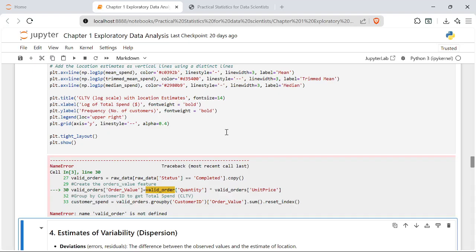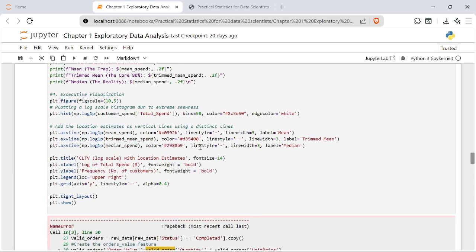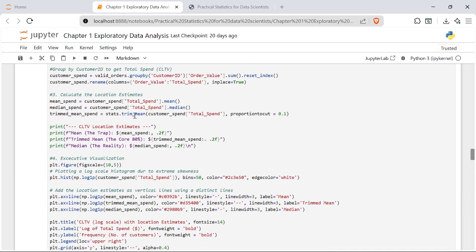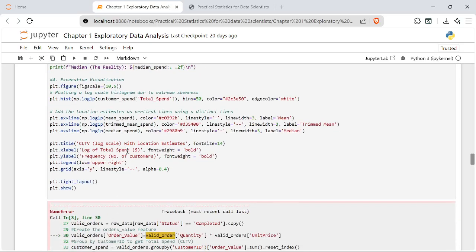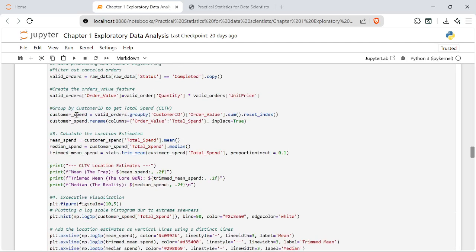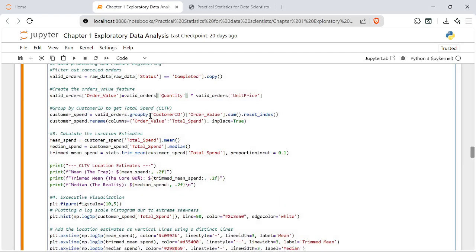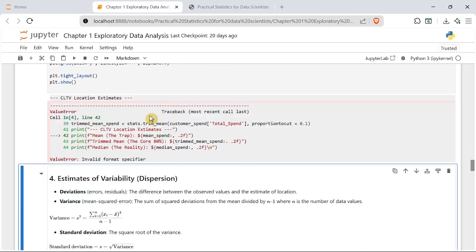Valid orders is not defined. Line number 30. Valid orders. Let's run this code.